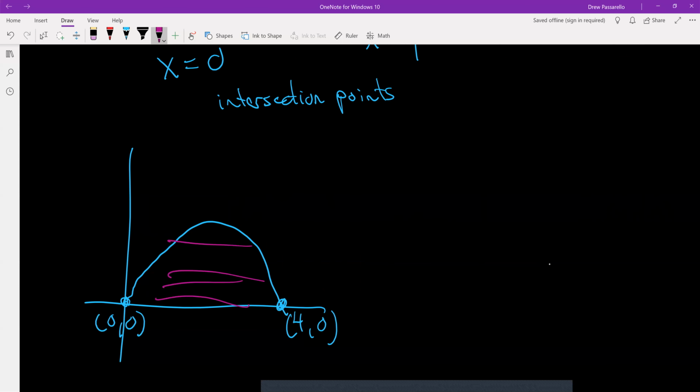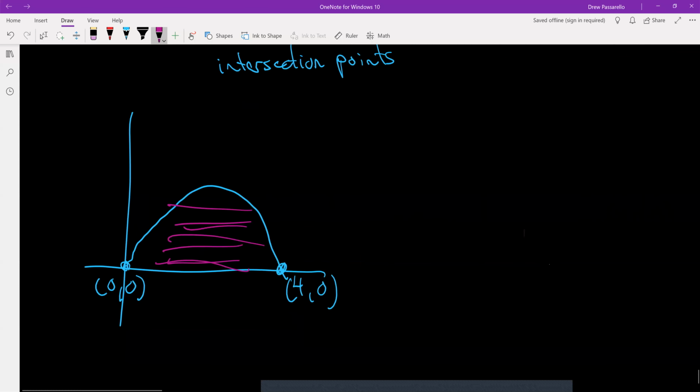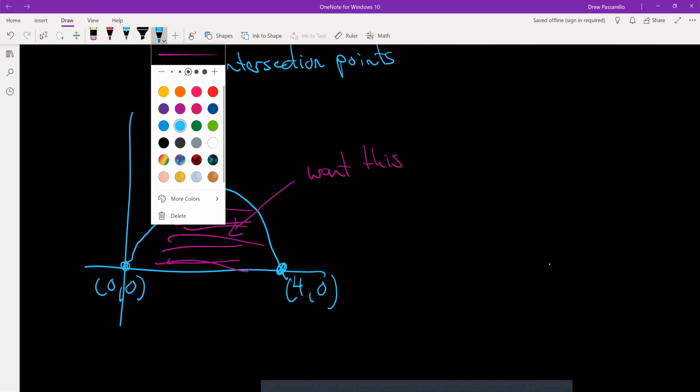I had to find that point 4 where it intersects the x-axis to do this problem. We're trying to find this purple region, and we can get it by doing the integration.